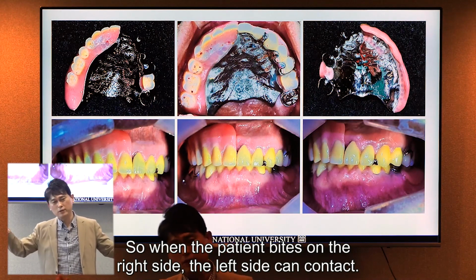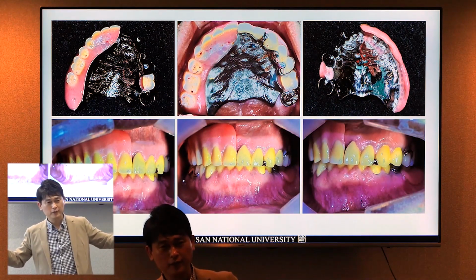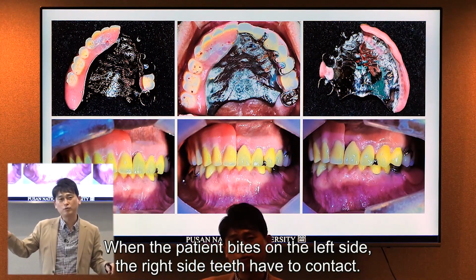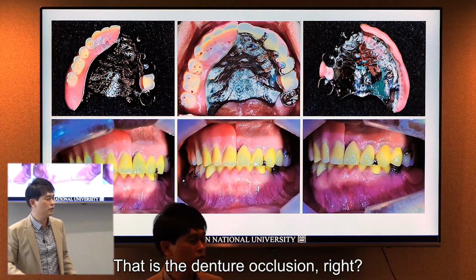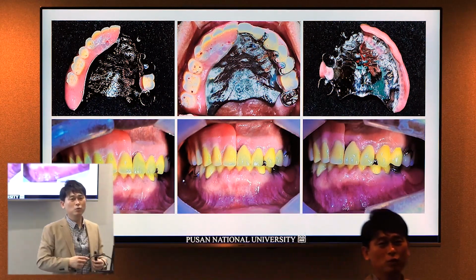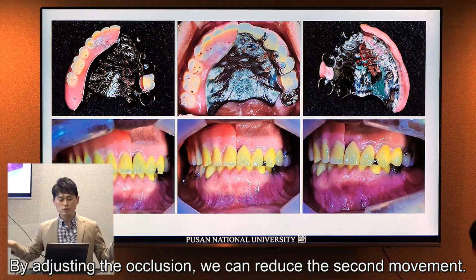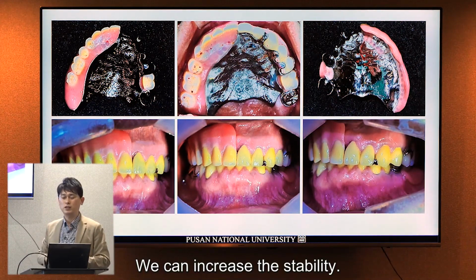When the patient bites on the right side, the left side can contact. When the patient bites on the left side, the right side also has to contact. That is the bilateral balanced occlusion. That is the denture occlusion, right? So by adjusting the occlusion, we can reduce the secondary movement and increase the stability.